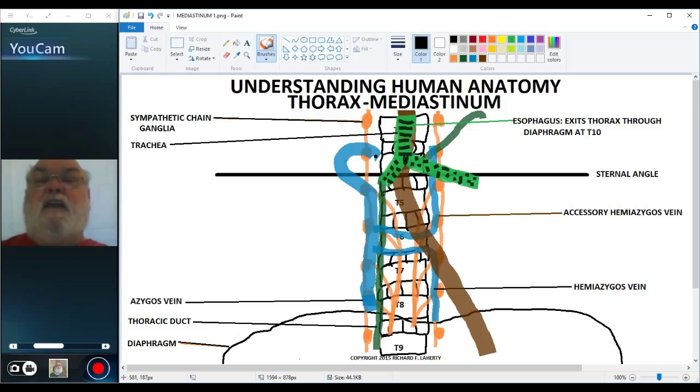The azygos vein drains into the superior vena cava at the level of the sternal angle, at the level of T4. And the thoracic duct crosses from the right side of the body to the left side of the body at the level of the sternal angle.